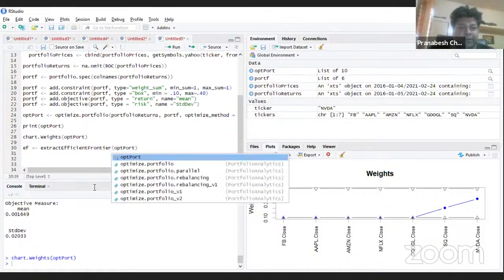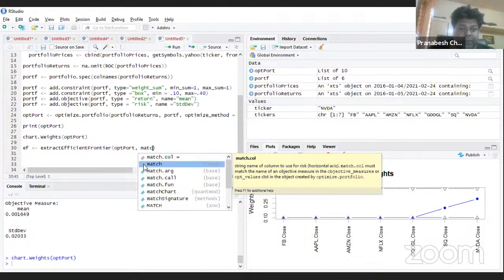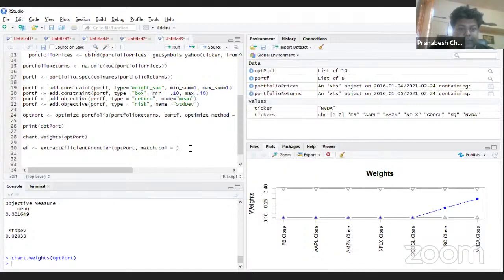We'll use our optimum portfolio. We have to use something called match column equals standard deviation. And actually, let's see what it is actually.